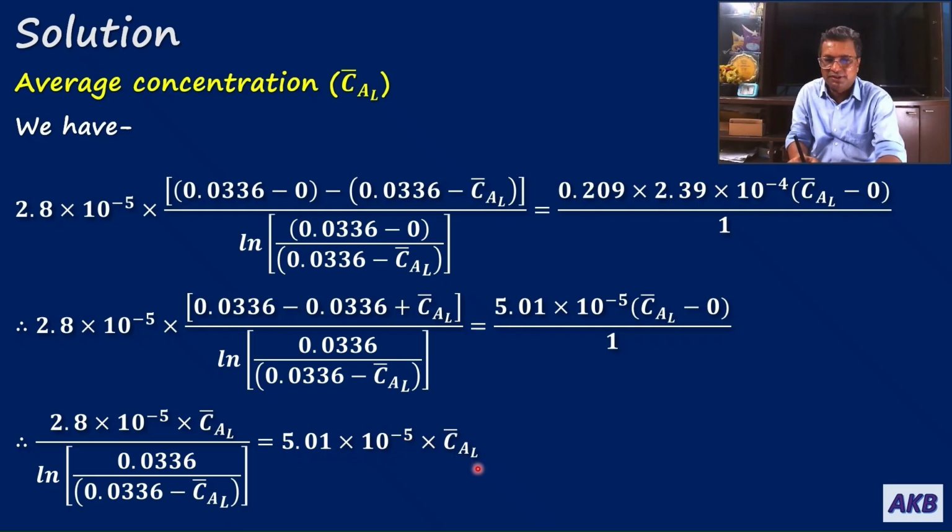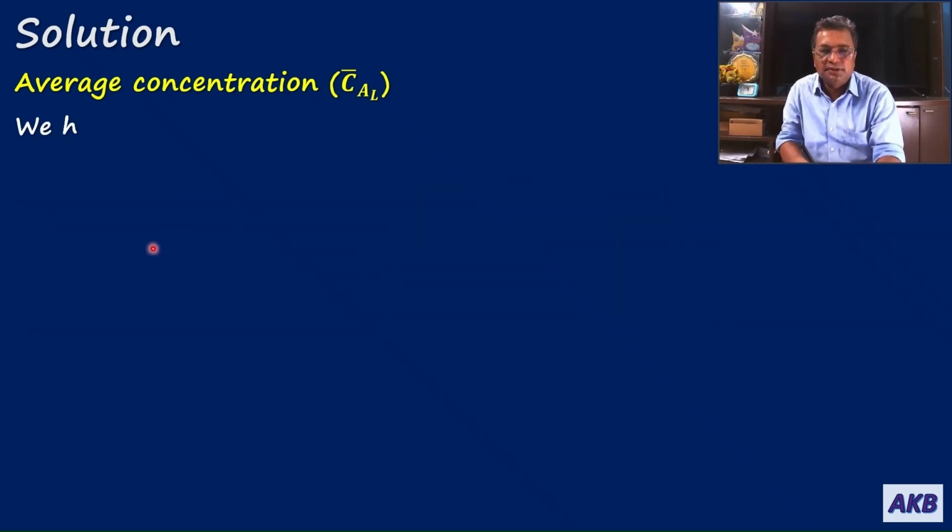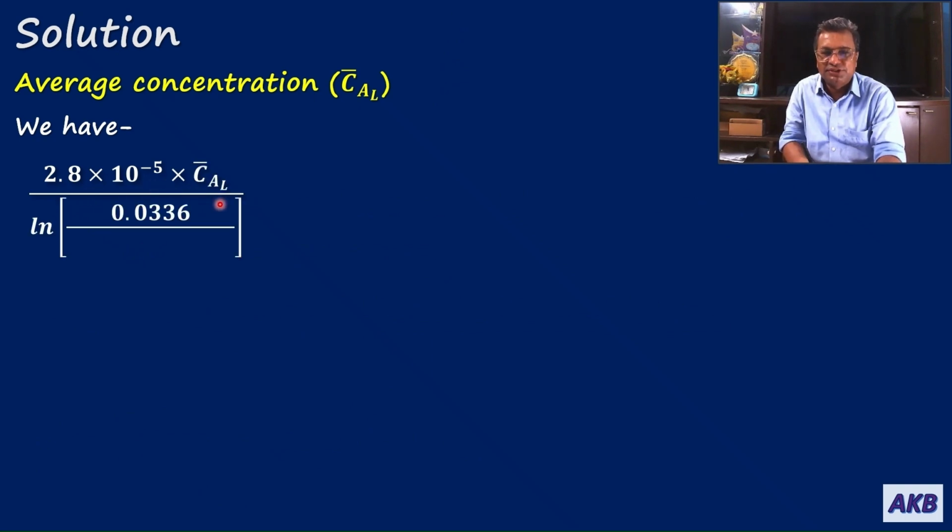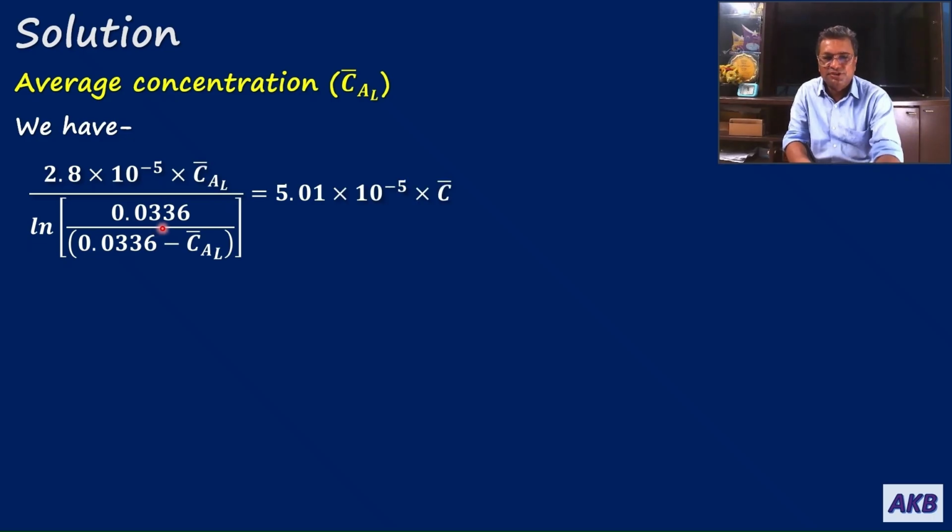into CAL bar. So in the next step, CAL bar on each side will get cancelled out, and we will have to simplify in that way. So let us continue with this. We got this equation: 2.8 into 10 to the power minus 5 into CAL bar divided by ln of 0.0336 divided by 0.0336 minus CAL bar is equal to 5.01 into 10 to the power minus 5 into CAL bar.